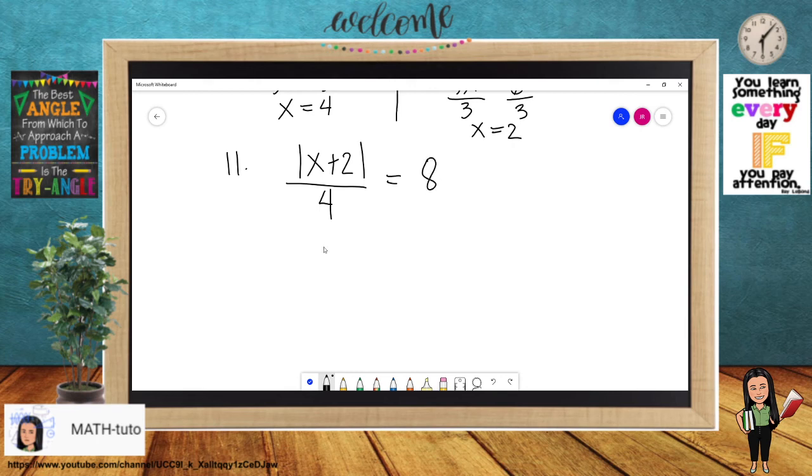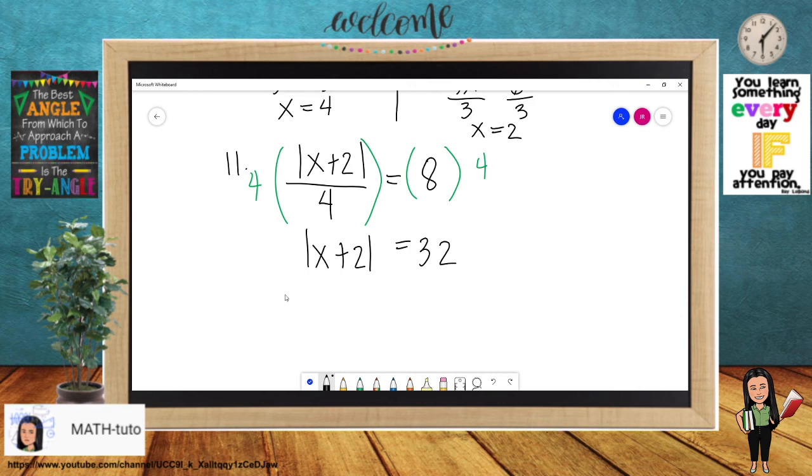Okay? So, we multiply both sides by 4 first to eliminate the fraction. This is now absolute value of x plus 2 equal to 32.